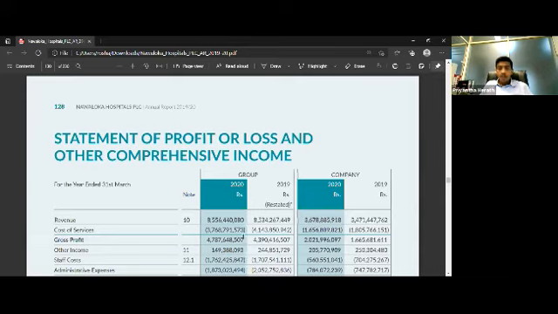Right, and gross profit last year was 4.3 billion for the group, and this year 4.7 billion. And the company gross profit significantly improved from 1.6 billion to 2.1 billion. Right, so there's a significant increase.